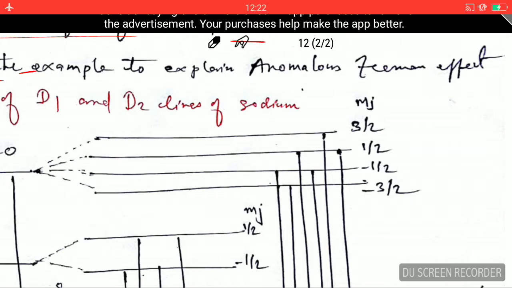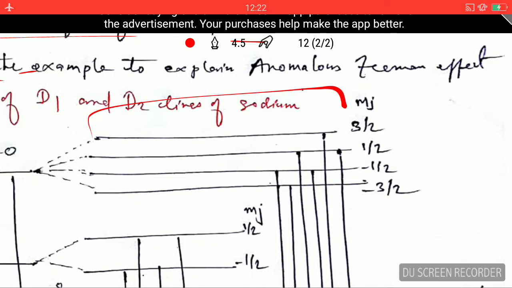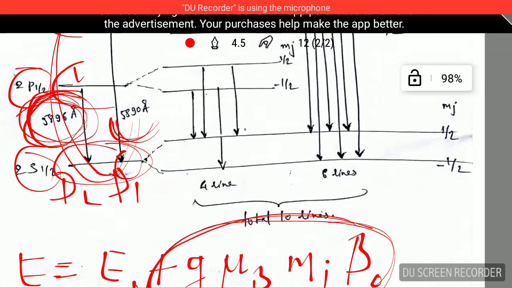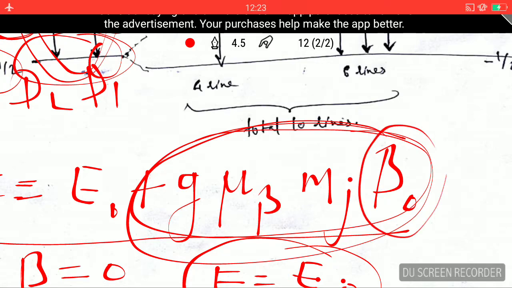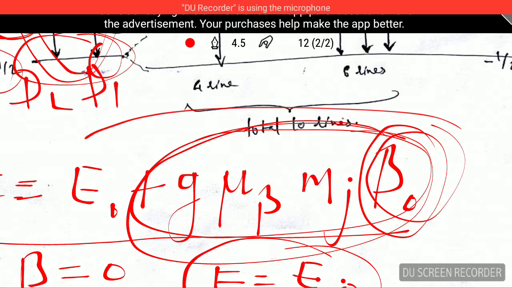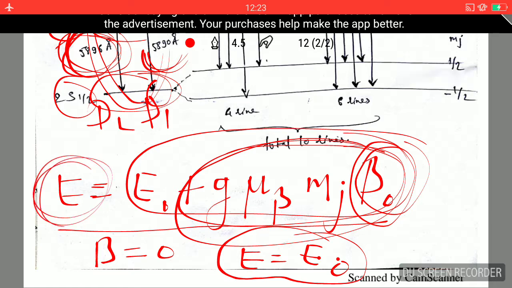When we apply the magnetic field in this region, then in this equation B is not equal to 0. So this whole equation will exist, and that will give you different values of energy. Those energies will come from the different values of mj.